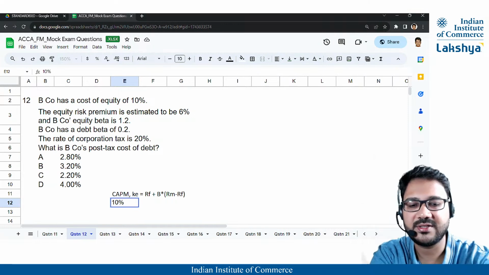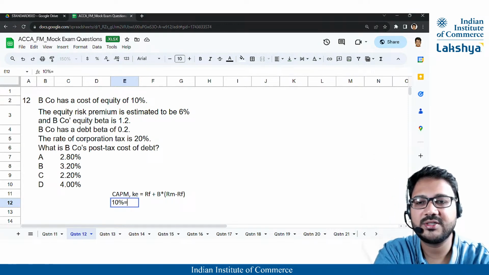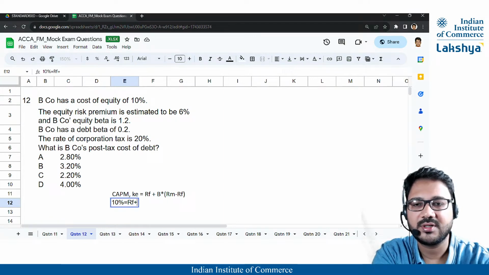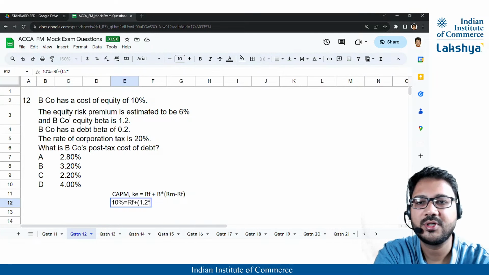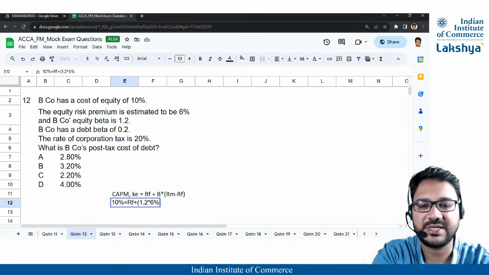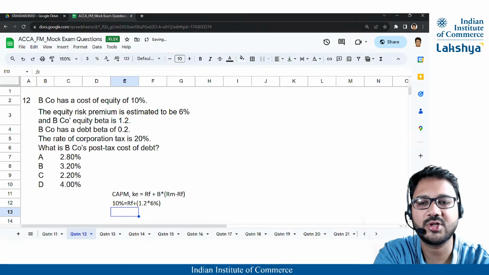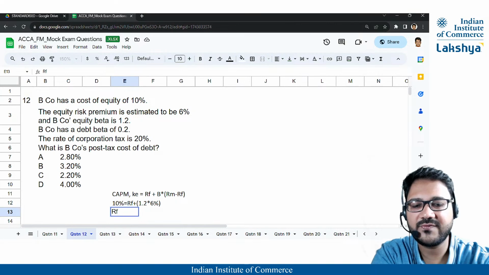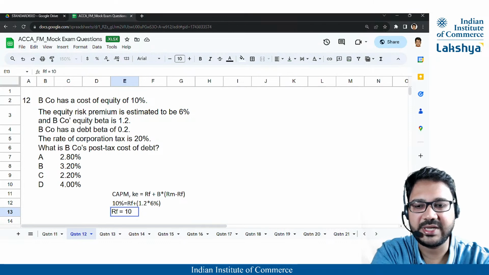So you'll write 10% is equal to risk-free rate, which we don't know, RF, plus beta, 1.2, into the market premium, which is 6%. So this is what we need to solve. If we take it to the other side, RF will be equal to 10% minus 1.2 into 6%.